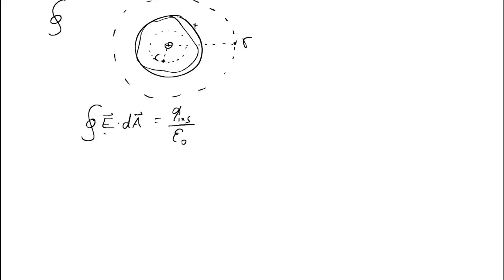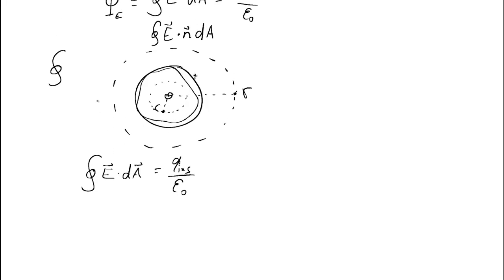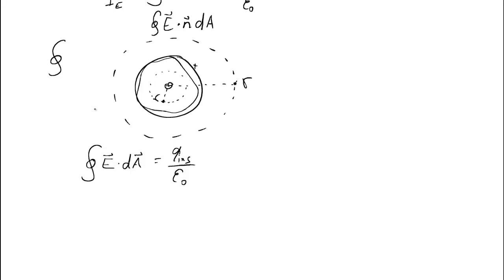Technically, any surface is going to do, but there are certain surfaces that preserve the object's symmetry in a way where the problem simplifies greatly. Now, there are only a couple of objects that usually simplify things. Two of those are spheres and cylinders. A sphere in this case wouldn't work because a sphere wouldn't have a constant electric field at all points of its radius, but a cylinder would work.